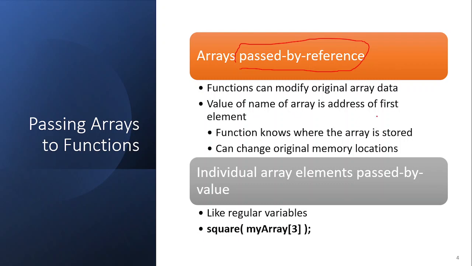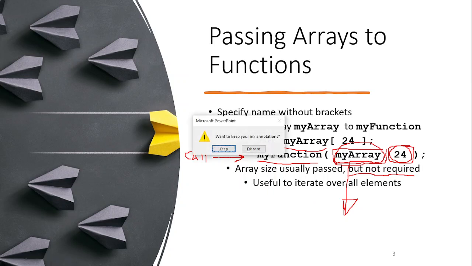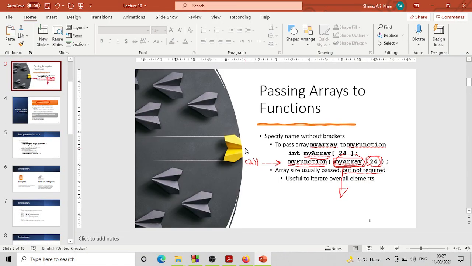The value of the name of the array is the address of the first element. So this thing here, my array, is basically the name of the array, and it is also the address of the first element of the array. So we'll verify that the name of the array is the address of the first element of the array. They are the same thing.